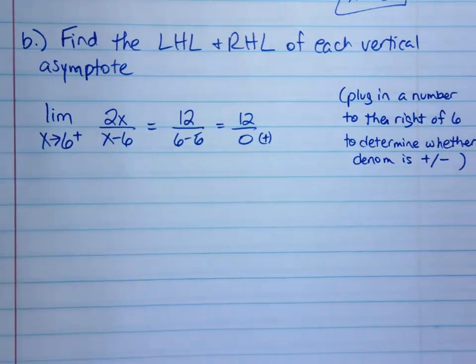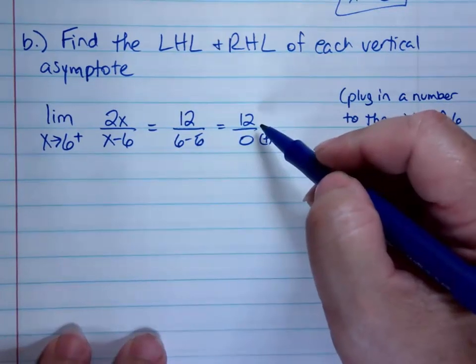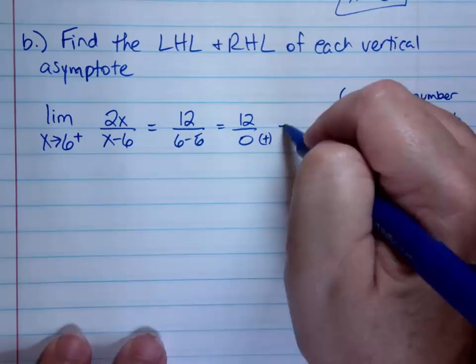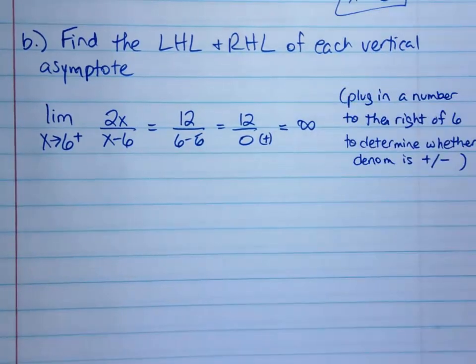I guess that's the easiest way to say it. Plug in a number to the right of 6, because it's 6 from the right, to determine whether the denominator is really positive or negative. And in this case, it's really positive because when I plug in 6.1, that's going to be a positive number on the bottom. Now, 12 is positive. The 0 is really a tiny positive number, so this is approaching positive infinity.